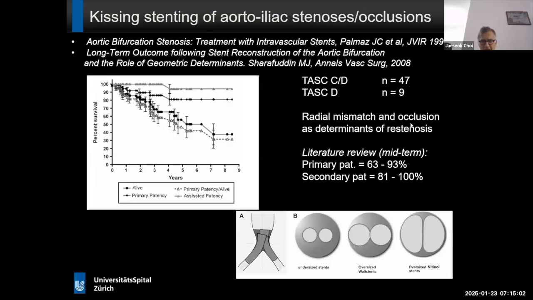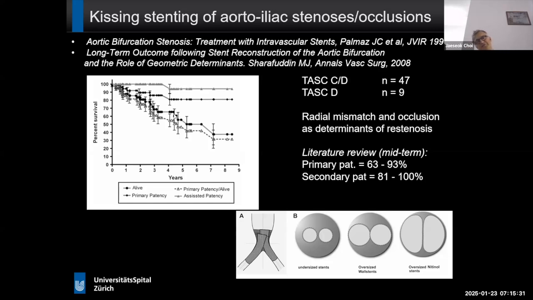So if we look at those long-term data regarding kissing stenting of aortoiliac stenosis, what we have to keep in mind is that of the initial patient population, they included a total of 47 patients. 9 of them had, like our patient, occluded aortoiliac segments. 5 years after, there is a survival rate of about half of the patients.